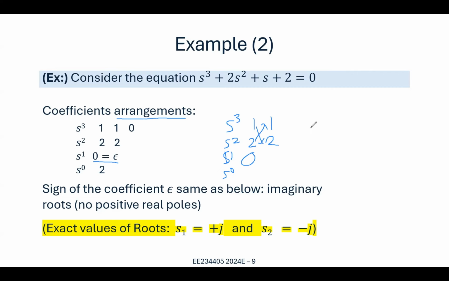And we have 2 minus 2, which is 0. So what we do with this 0 is assume that there is an epsilon here, since we have a proper column with a non-obvious zero being only in the first column.